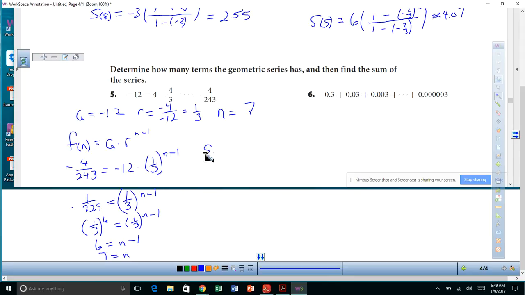So S of 7, or n, is going to be negative 12 times 1 minus 1/3 to the 7th power over 1 minus 1/3.